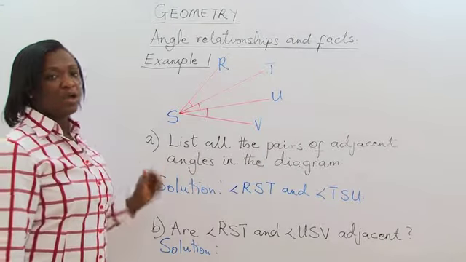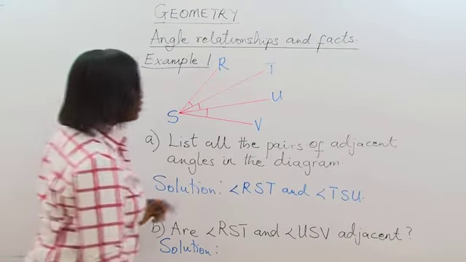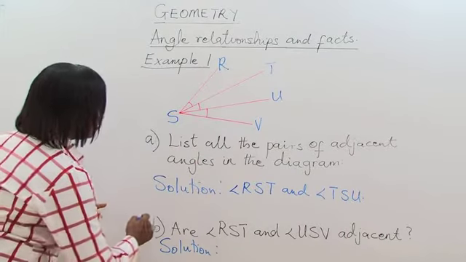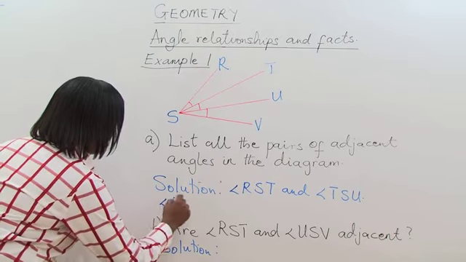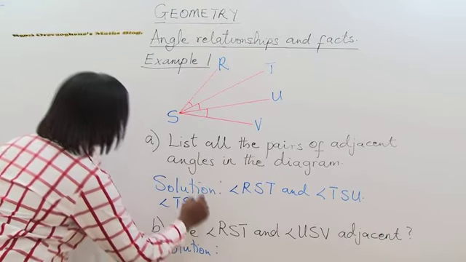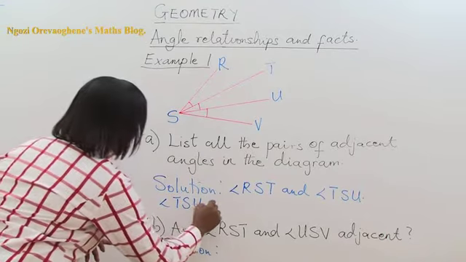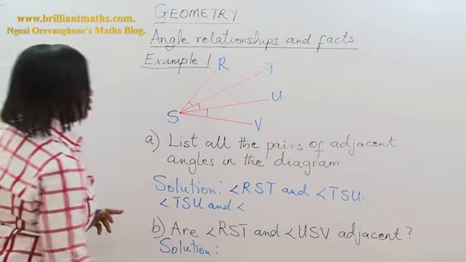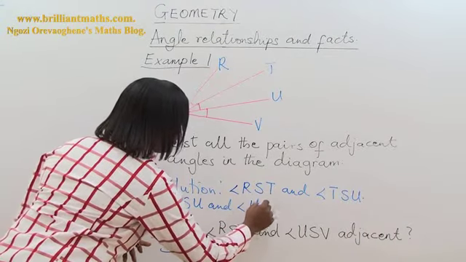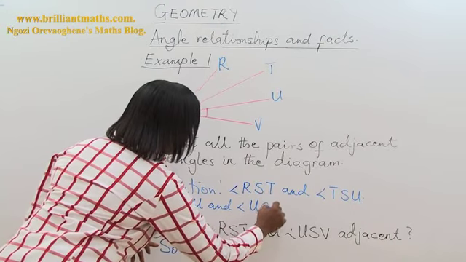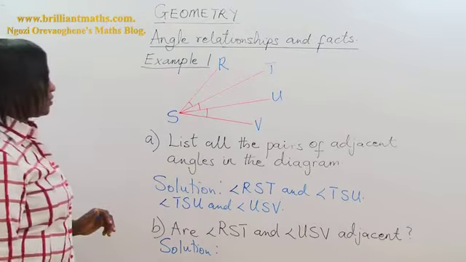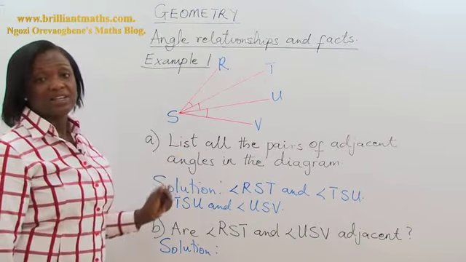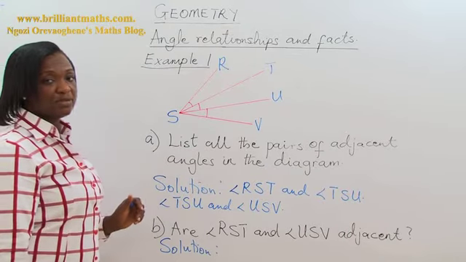So they are also adjacent. So we have angle TSU and angle USV. So we have two pairs of adjacent angles.